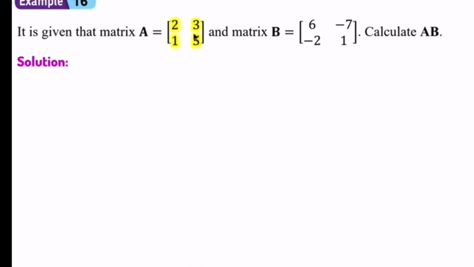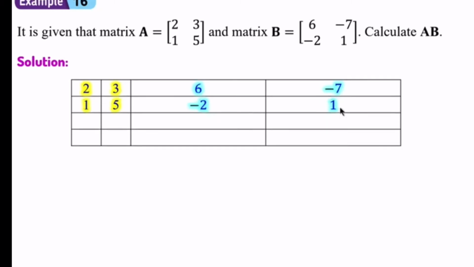So matrix A is 2 3 1 5. We will copy the matrix A, followed by writing the matrix B in terms of the column. Alright, row and column. So now we are going to multiply like this, following the row and column.